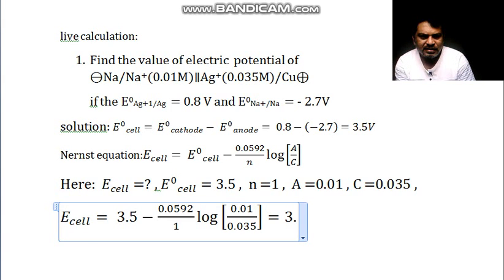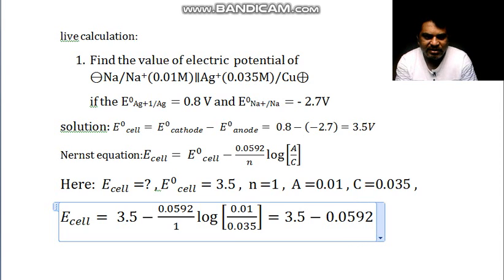Now take out the calculator and find the value of the division. 0.0592 divided by 1 remains the same. Here I divide, and you also do that in your calculator. First I will write log, and log remains as usual.